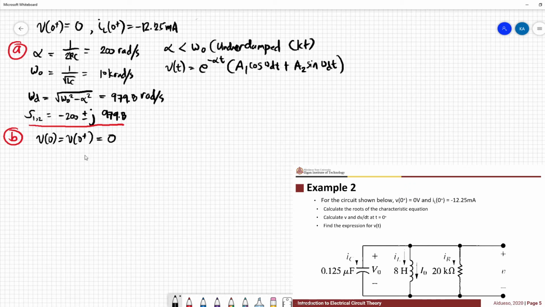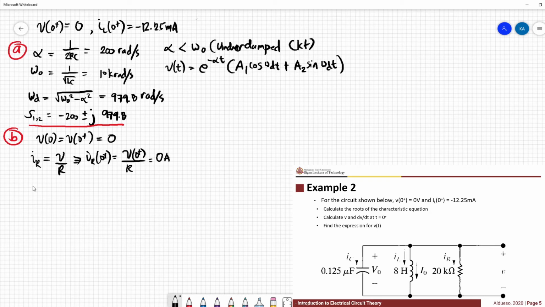Now since the voltage at 0 plus is 0, the current at the resistor at 0 plus is equal to V of 0 plus over R. So if this is 0, our current in the resistor at 0 plus is equal to 0 amperes.